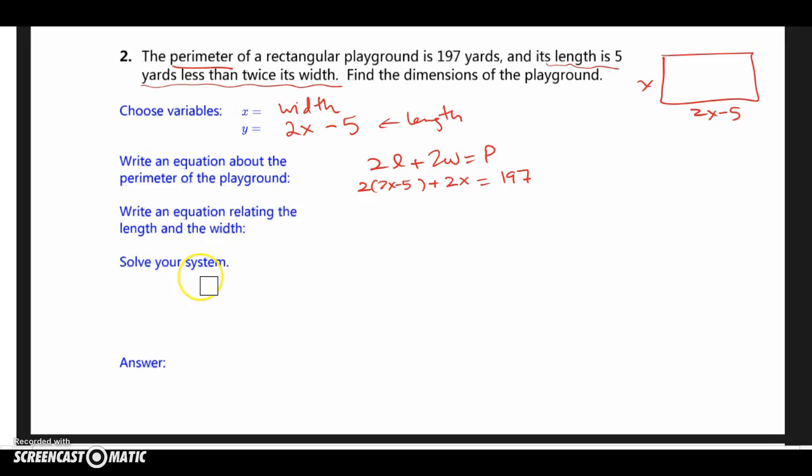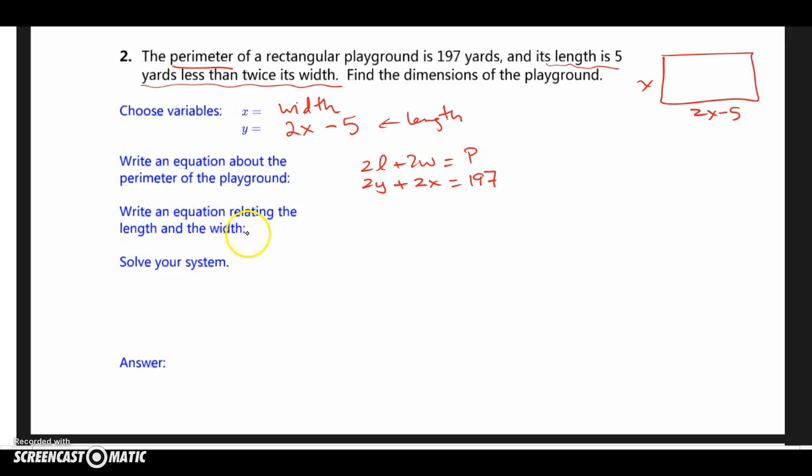I think they want me to show a system, so let me fix that a little bit. We're going to ultimately end up there anyway, but it says to write an equation relating the length and the width, which we have up here anyway. So write an equation about the perimeter. I guess 2L plus 2W is P, but for us the length is y, the width is x, and P is 197.